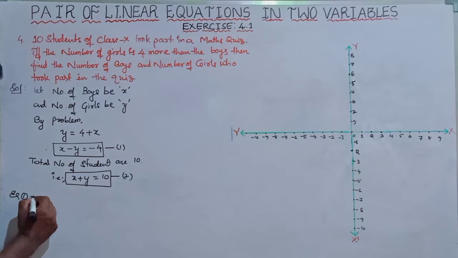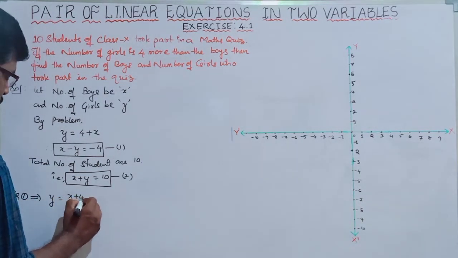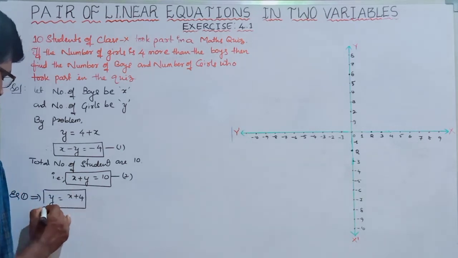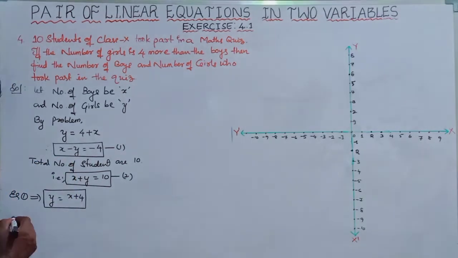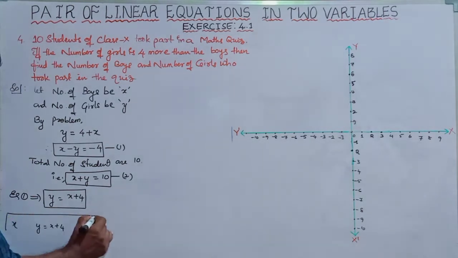Equation 1 becomes y equals x plus 4. Therefore x, y equals x, x plus 4.